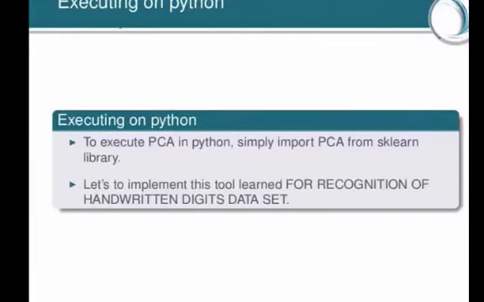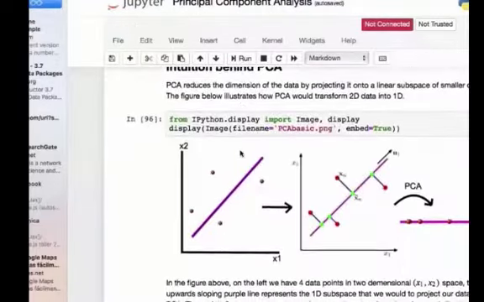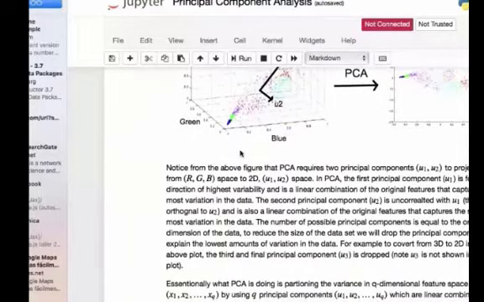Let's execute this method in Python. To execute PCA in Python, simply import PCA from the sklearn library. Let's test this tool on the handwritten digits recognition dataset. This notebook is an important source about PCA because I followed it for my talk.